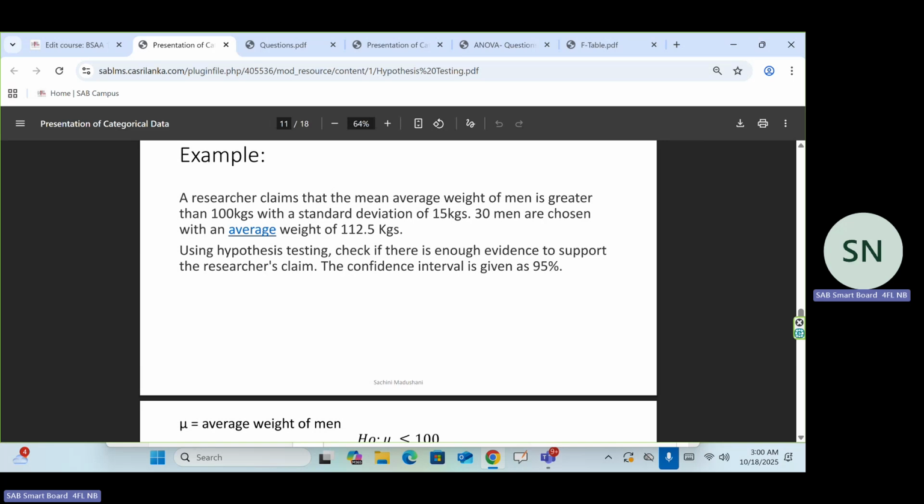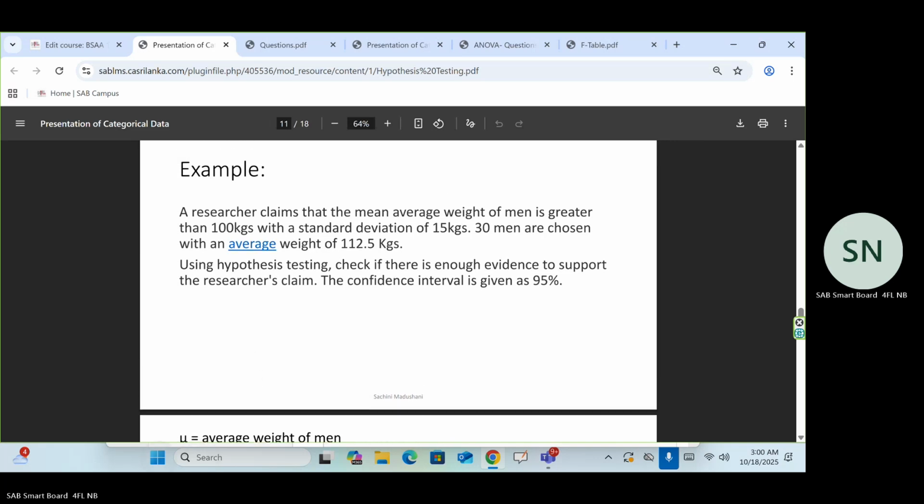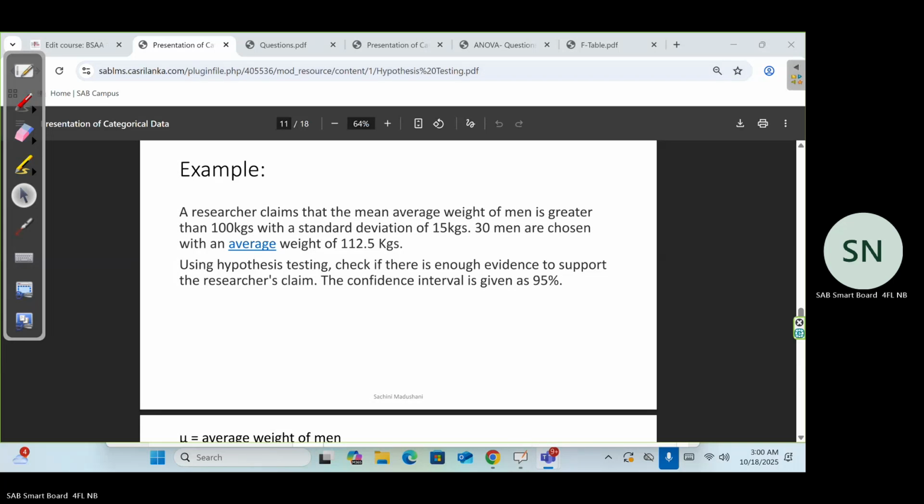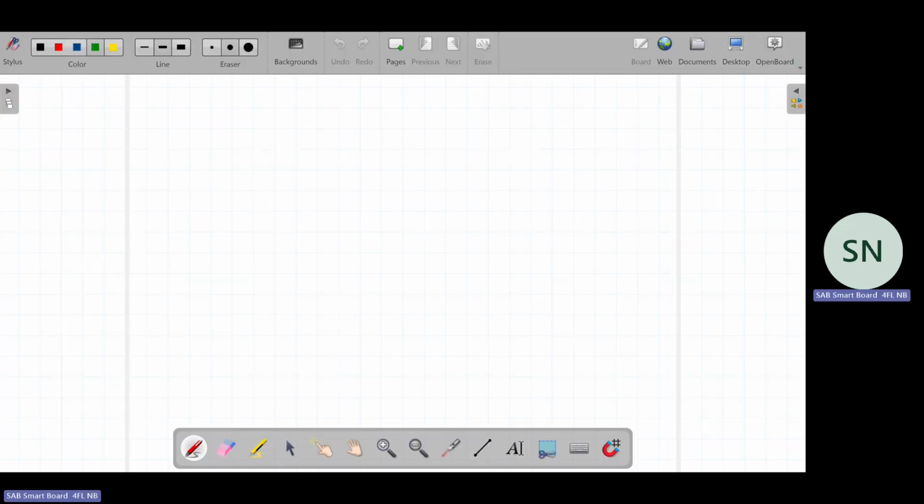Then first step, normally, you need to identify what is the population parameter.